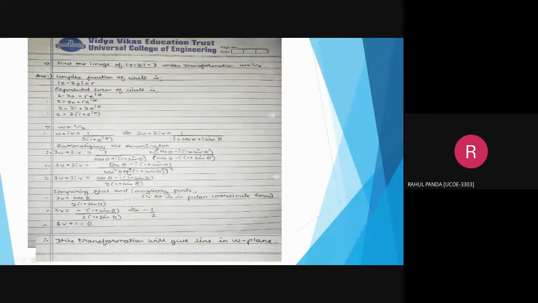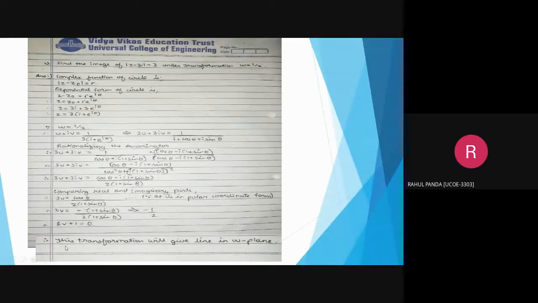Comparing real and imaginary parts, we get 3u is equal to cos theta divided by 2 bracket 1 plus sin theta. Since it is in the polar coordinate form, we will not consider u. Therefore, 3v is equal to minus bracket 1 plus sin theta divided by 2 into bracket 1 plus sin theta. Therefore, 6v plus 1 is equal to 0. Therefore, the value of v is equal to minus 1 by 6.